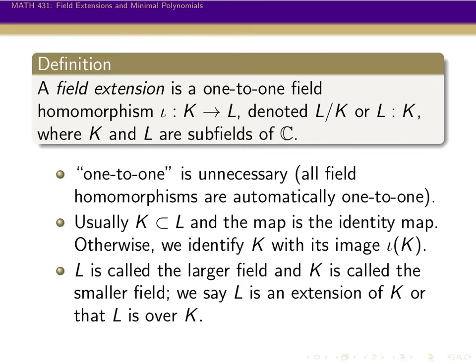So when we have this field extension, since we're thinking about K as being inside of L, L is going to be called the larger field, and K is going to be called the smaller field. In which case we'd say that L is an extension of K, or even shorter, and this is probably more often, we'll say that L is over K. L is bigger, and so it is over K. Another way this is often written, especially if you're drawing diagrams, is you'd have K at the bottom.